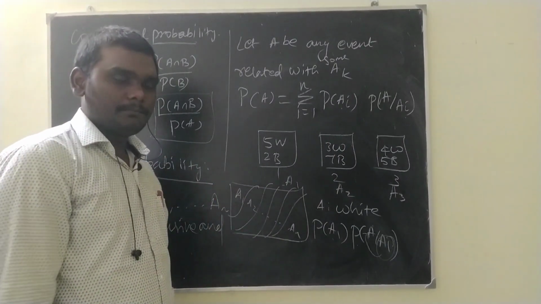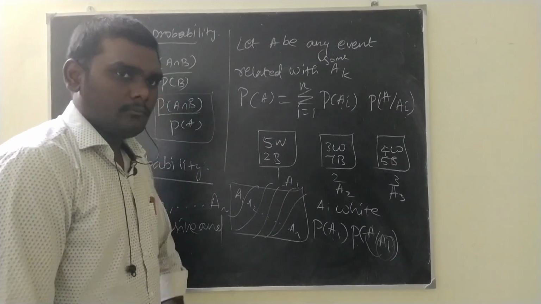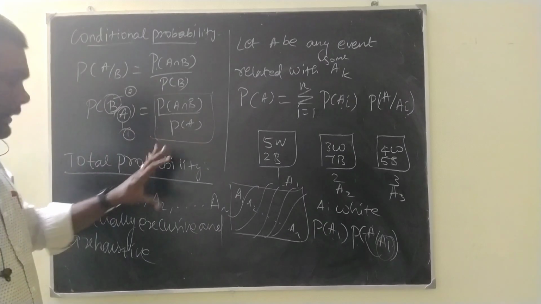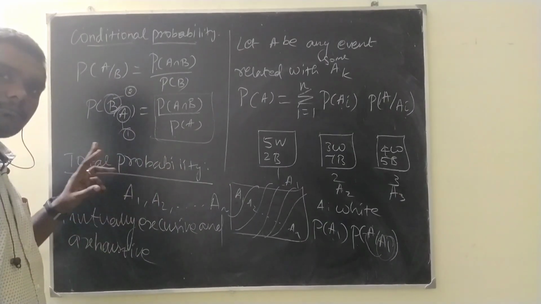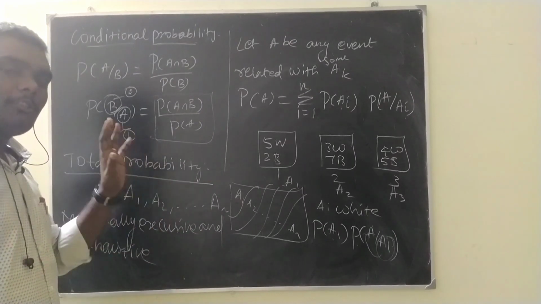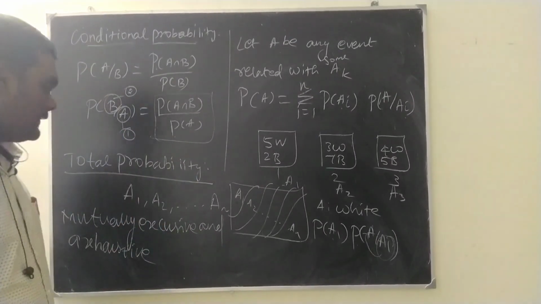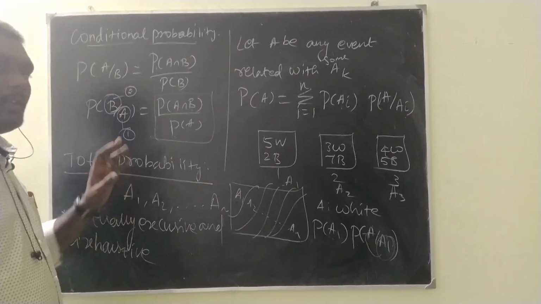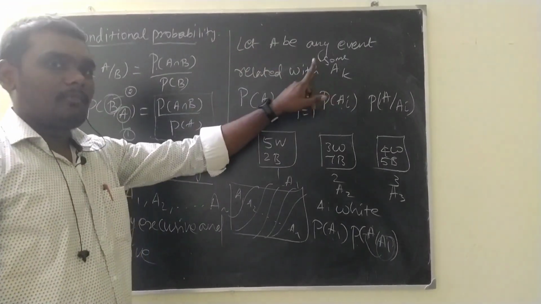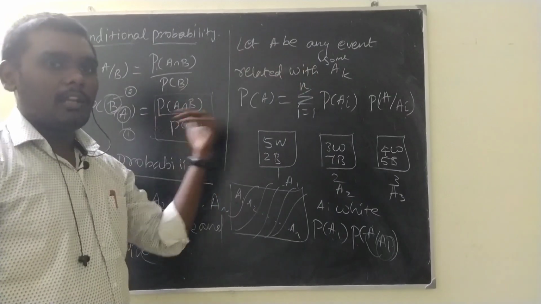Any doubts in this? I am telling you once again: for total probability, there are n events that are mutually exclusive and exhaustive, that fill the sample space, and the event A is in connection with some Ak, like any one of A1, A2, A3.